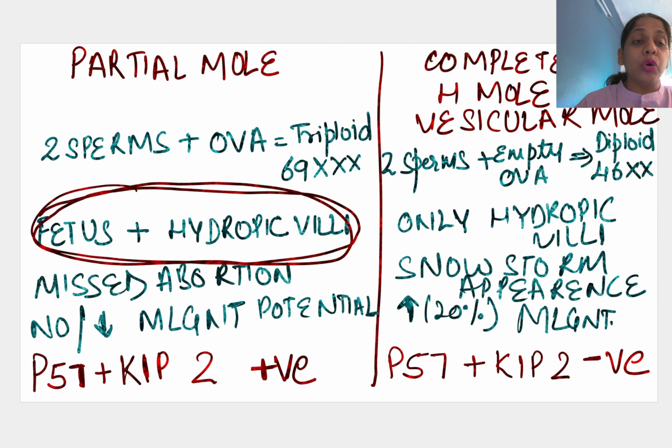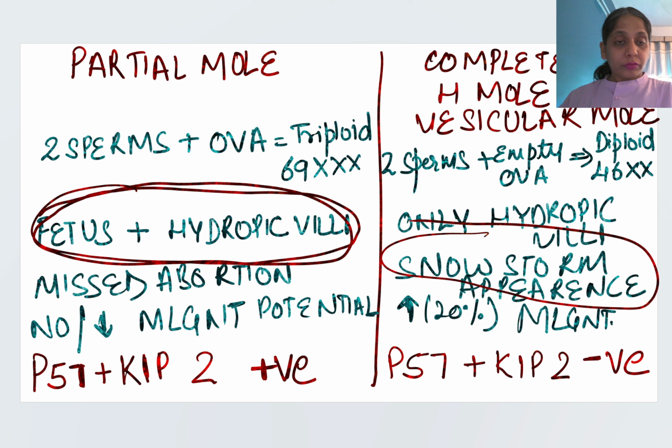So this simulates more a missed abortion, right? A fetus who has expired. And the complete mole looks more like the snowstorm appearance. So when they give you the image of the snowstorm appearance in the exam, they write two choices, partial mole and complete mole, and you get confused in the exam.